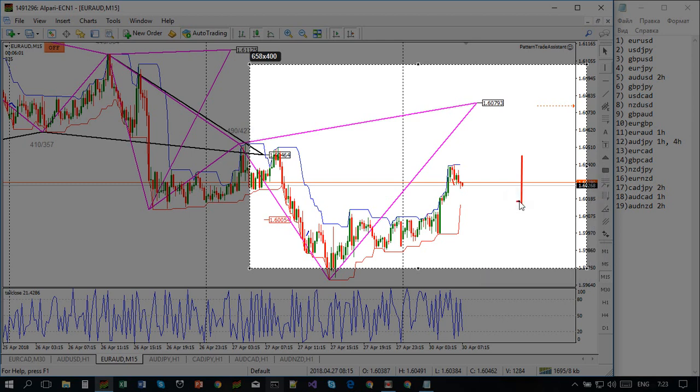So if the candle closes somewhere, only candle close, somewhere in this 20% of its range, the lower 20% of this range, then it is powerful bearish candle.